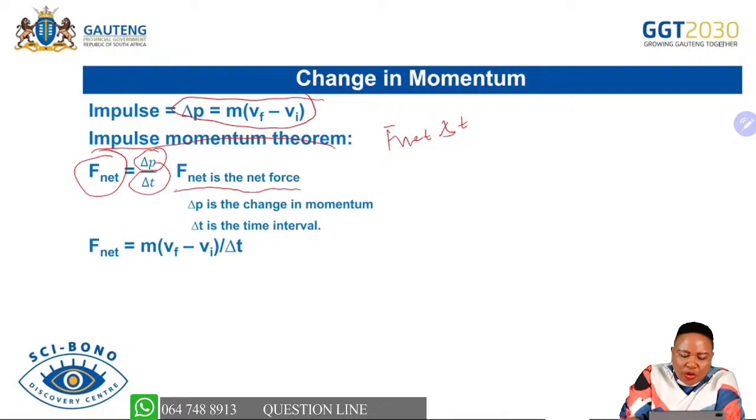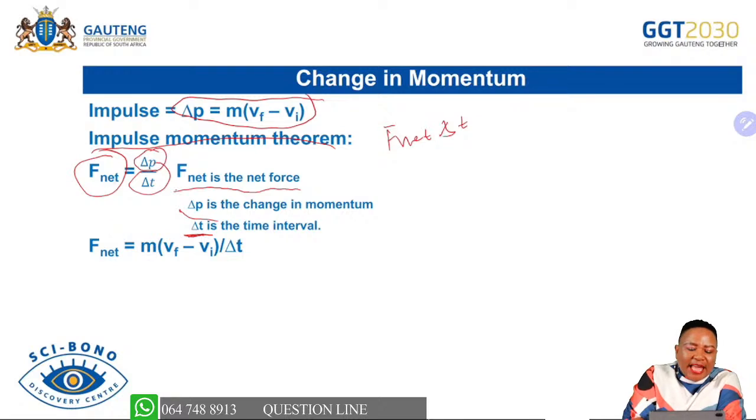Change in p is the change in momentum. Remember, it's not momentum, but the change in momentum. And change in t is the time interval, the time over which an object experiences a force.